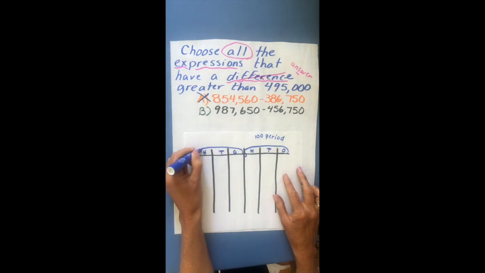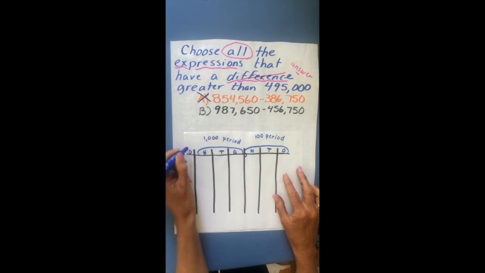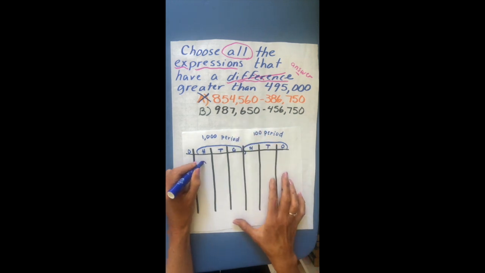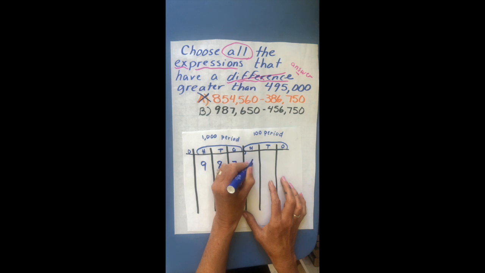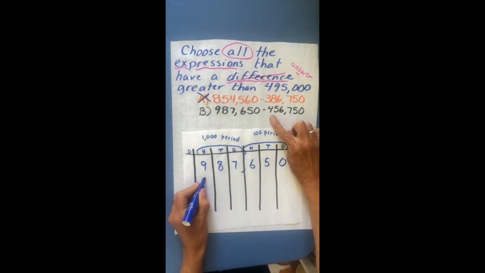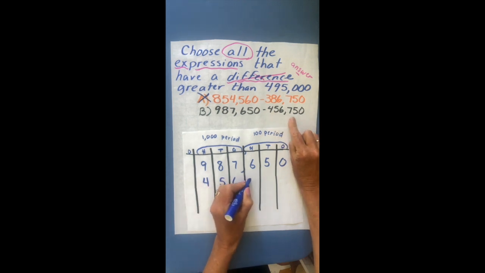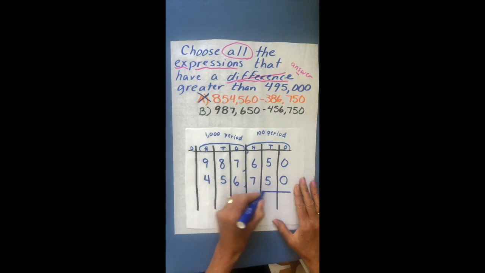This group of 3 is the thousands period. And then I've got my millions here. So my number is 987,650 take away 456,750. And I'm finding the difference.